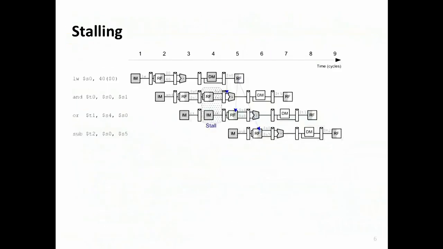This was the example with this load instruction, right? Load instruction produced its value at the end of this memory stage, and the AND instruction needed that value while that value was being produced, meaning while the load instruction was accessing memory, AND instruction actually required that value to execute in the ALU stage.